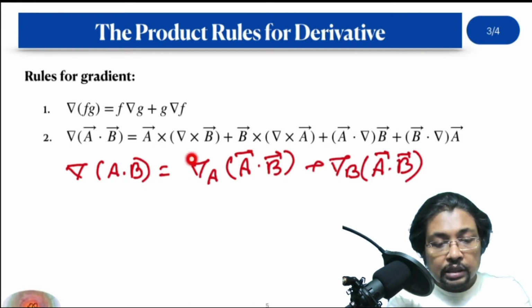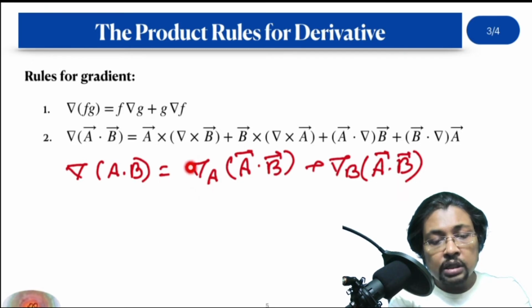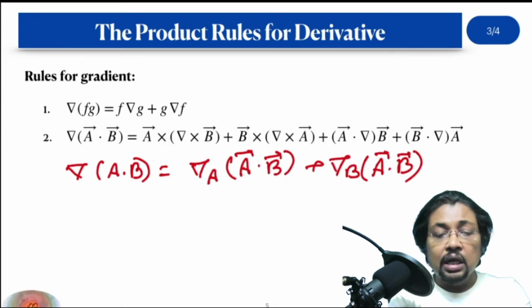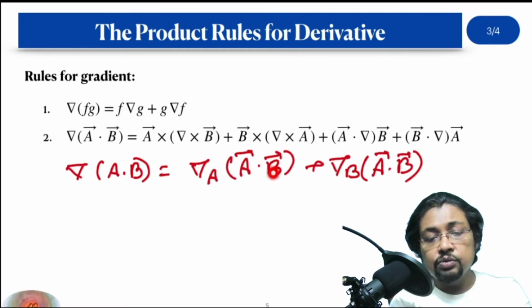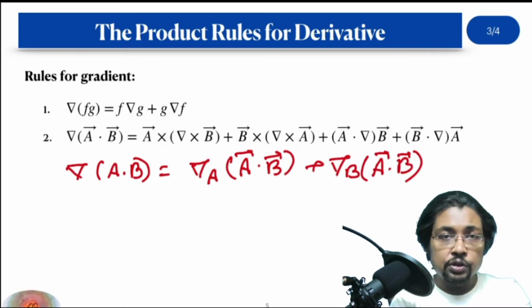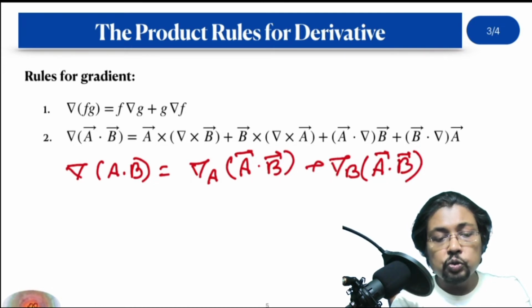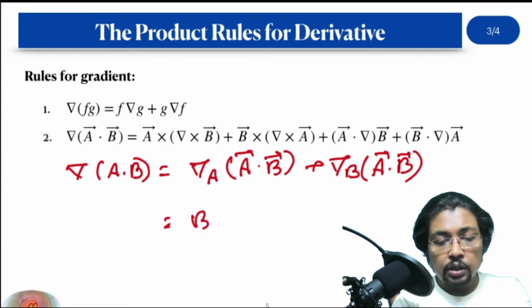Here, the gradient A operates over the A vector, and here this gradient B operates over the B vector. So this is basically the similar function that I have written for the scalar product. So when this operator is operating over A, B will be considered as constant, and in the second case, when this will be operated over B, A will be considered as a constant. This function can also be written as B dot grad A plus A dot grad B.